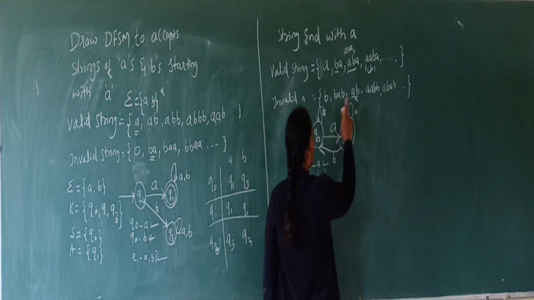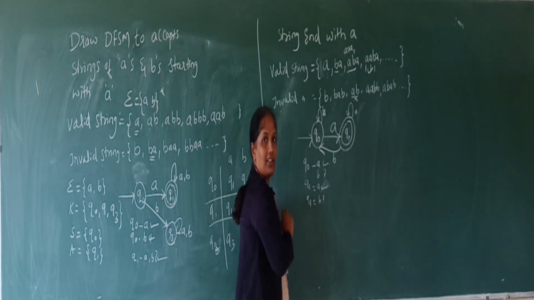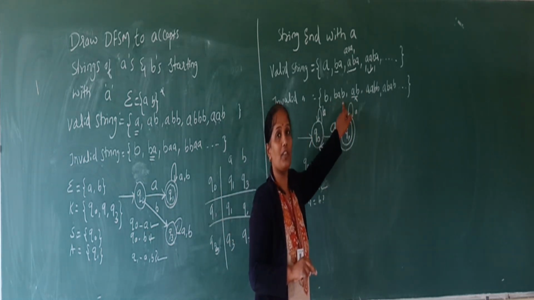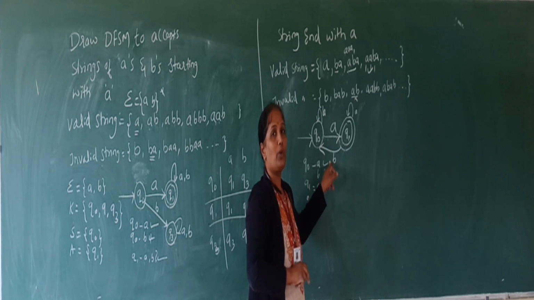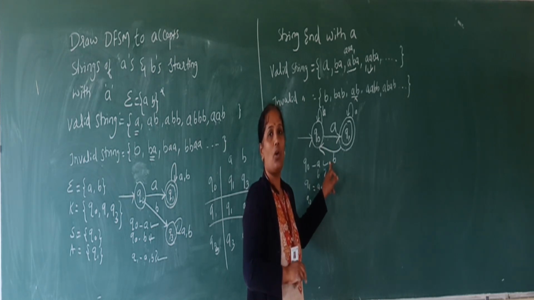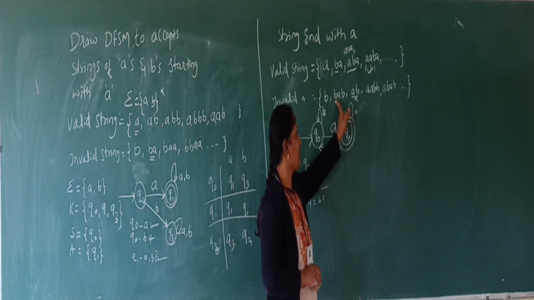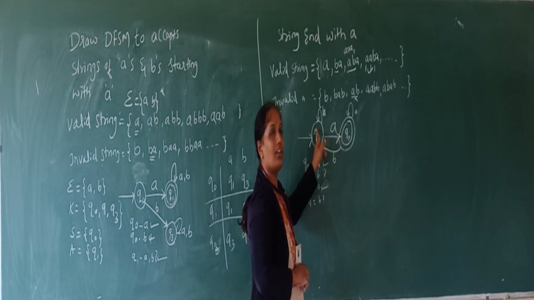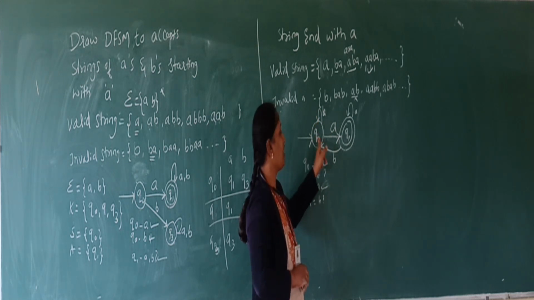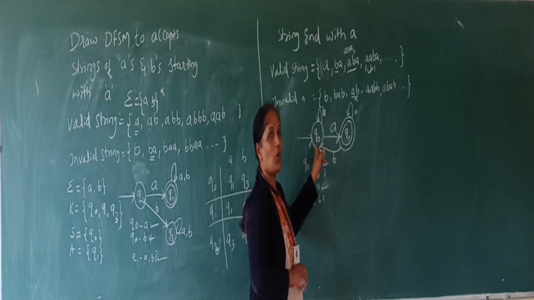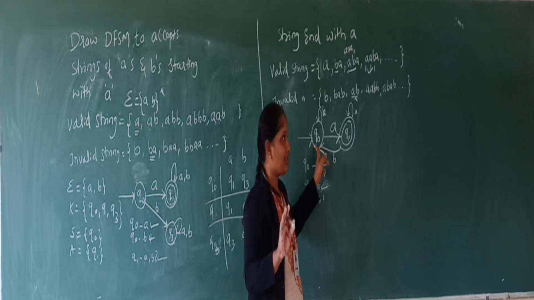Next, check whether it is accepting any of the invalid strings. If it is accepting any one of these invalid strings, then you would say the DFSM is not appropriate for the given language. So check the first string, B. It will accept and stay in the Q0 state, and Q0 is not a final state.